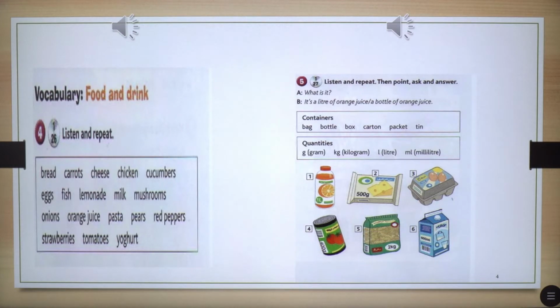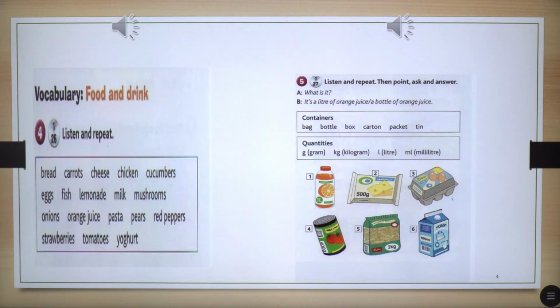For example, we have bag, bottle, box, carton, packet, and tin. The quantities that we use to tell the quantity of food and drinks are gram, which is written with short g, kilogram with kg, liter with L, and milliliter with ml.